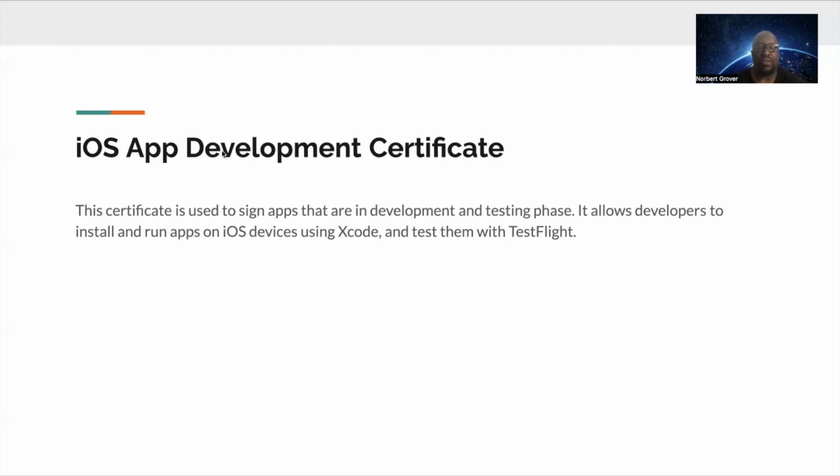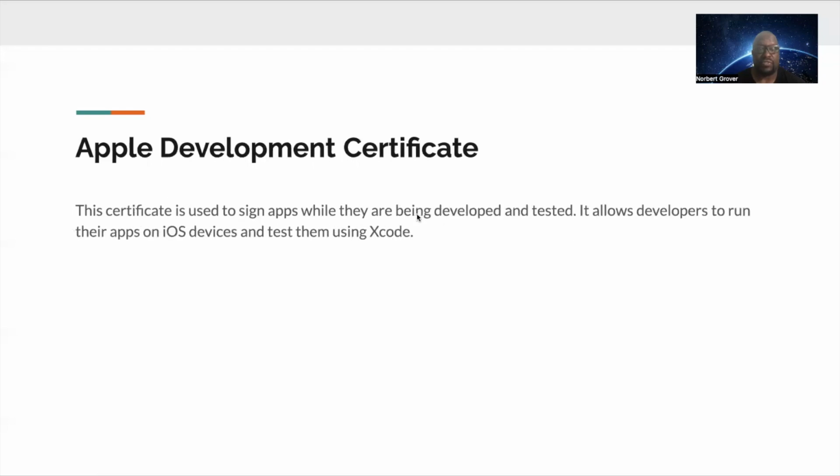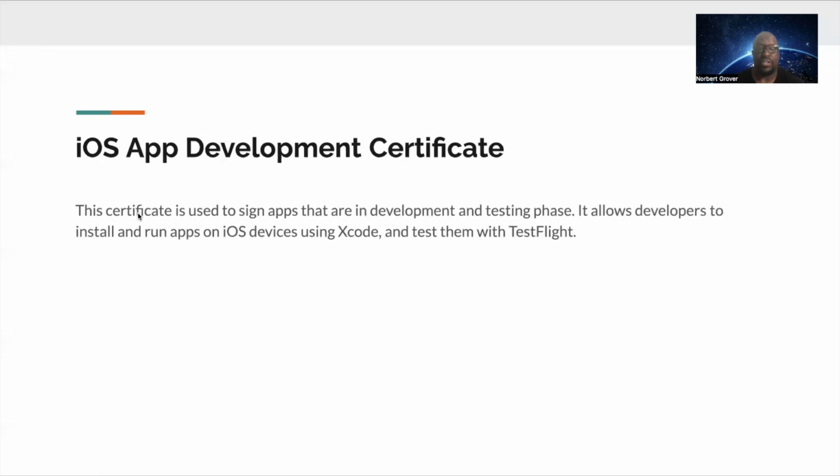So the iOS app development certificate is what you use with TestFlight. And this certificate, you run your iOS devices and test them using Xcode. So when you have it running on your device using Xcode, you use this certificate. When you run it through TestFlight, you use this certificate.